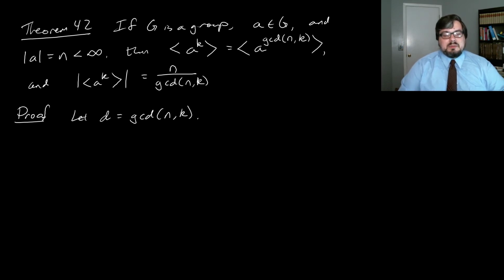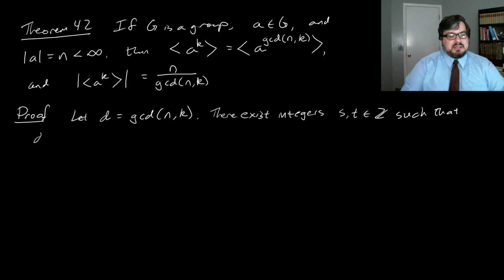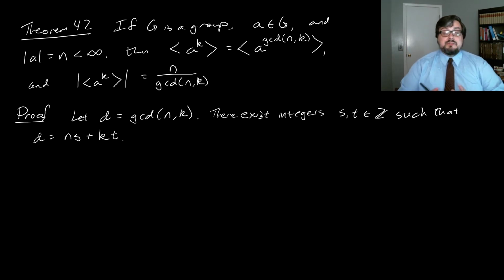Remember that one of the things that means is that there exist integers s and t such that d is equal to ns plus kt. That's one of the properties of greatest common divisor, that it can always be expressed as a combination of the two numbers that you started with.